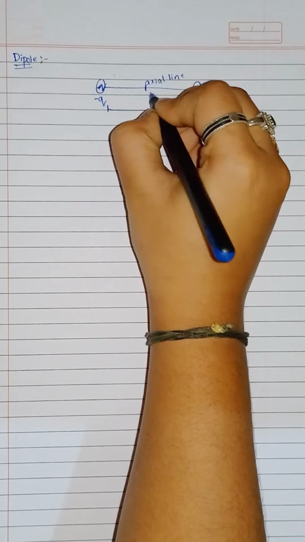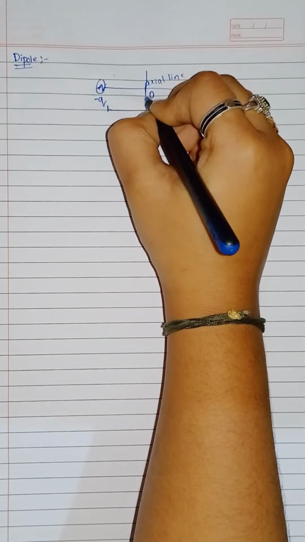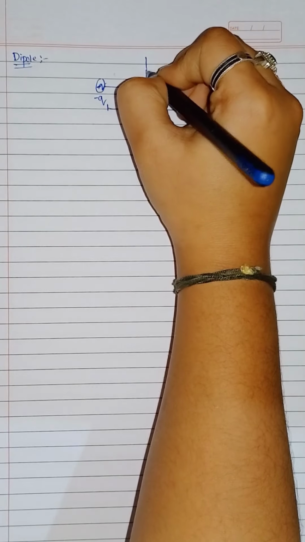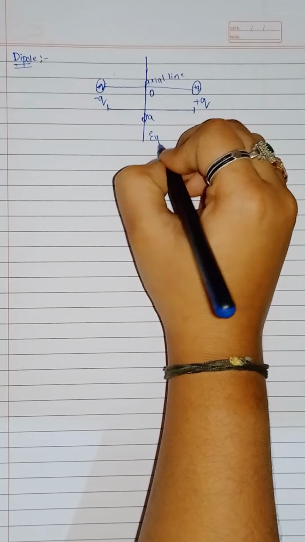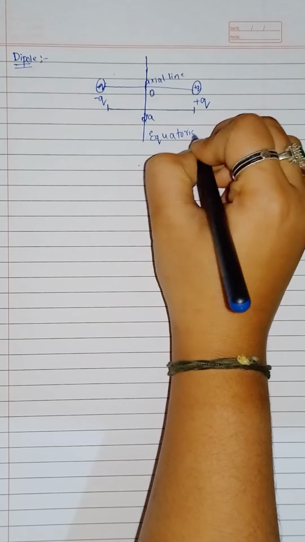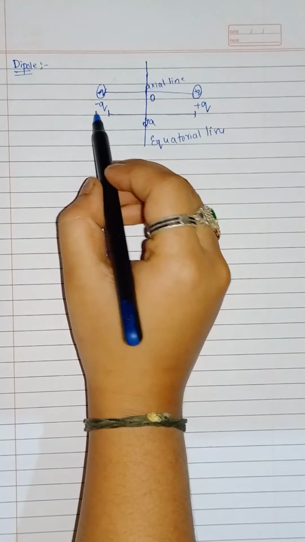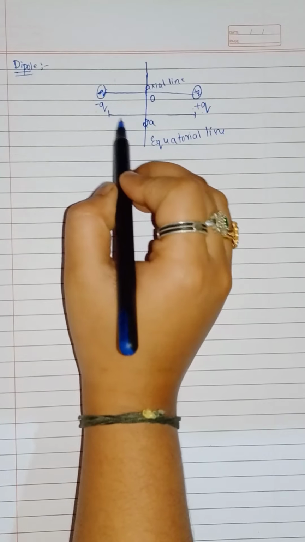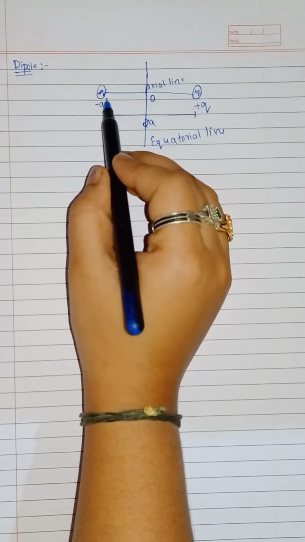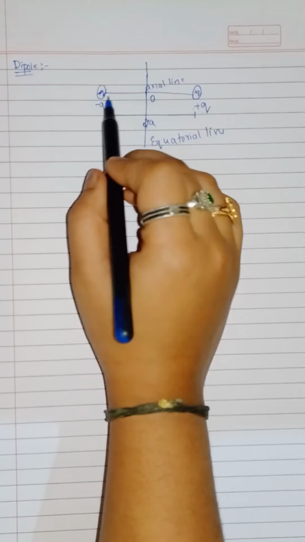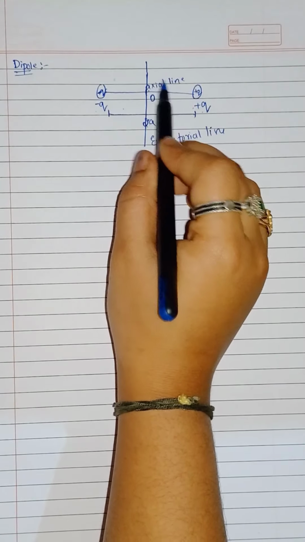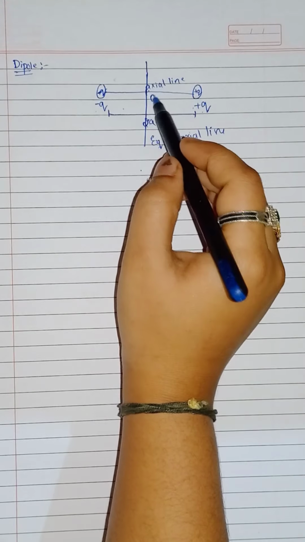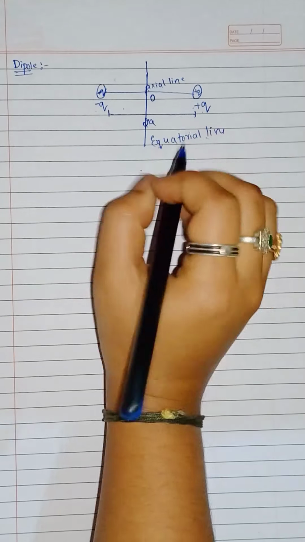The center is the origin, and the line which passes perpendicular to the axial line at the center is known as the equatorial line. So a pair of equal and opposite charges separated by a small distance 2a, the line joining plus q and minus q is the axial line, and the line passing through the axial line at the center is known as the equatorial line.